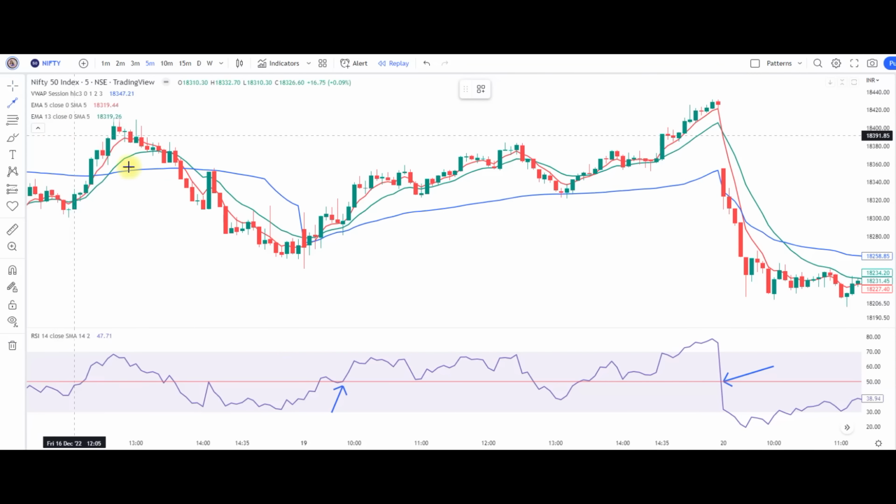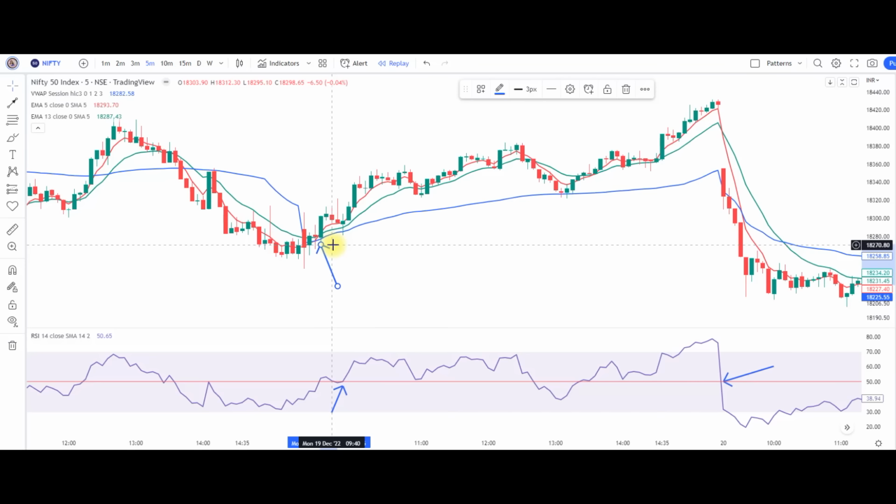But here in our strategy, the 5 EMA is the fast moving average and 13 moving average is the short-term moving average. So here we are getting the 5 and 13 EMA bullish crossover. And EMA crossovers are helpful in identifying a trend might be emerging and when the trend might be ending.